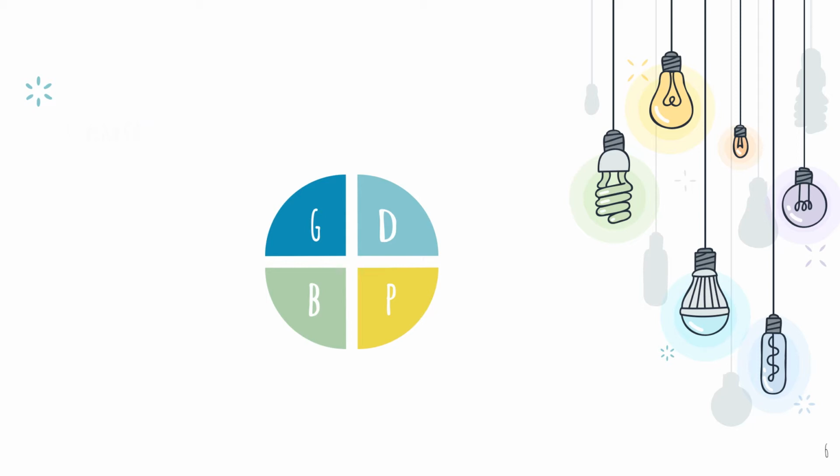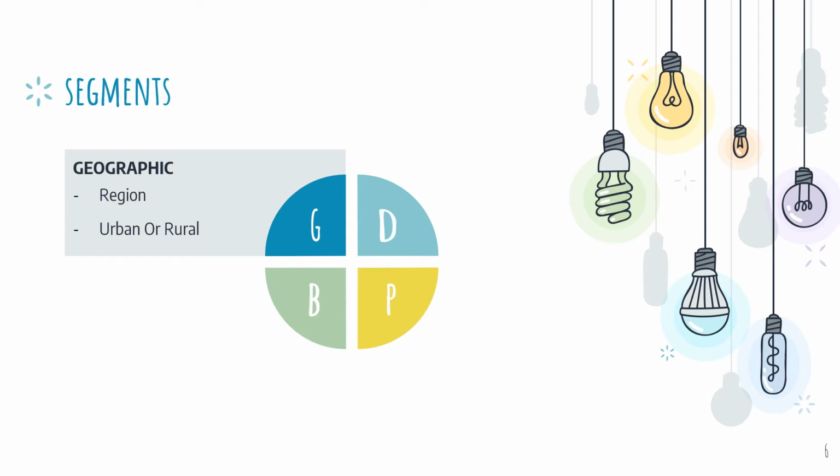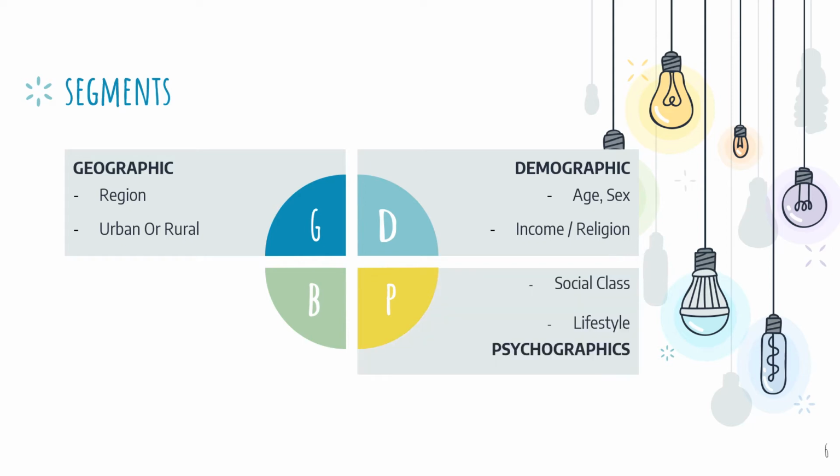Let's start with the first one, geographic. Now, geographic segmentation will take into account the region of the country, whether it's urban area or rural area that we are targeting. Next, we look at demographic segmentation. This will take into account age, sex, family size, income, occupation, education, religion, race, nationality, etc. Next, psychographic segmentation.